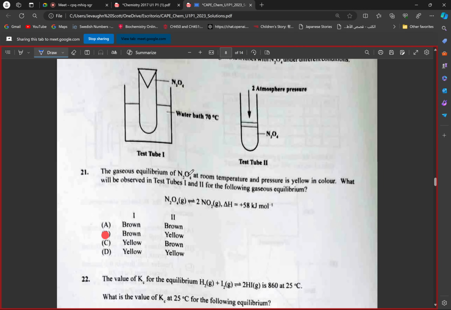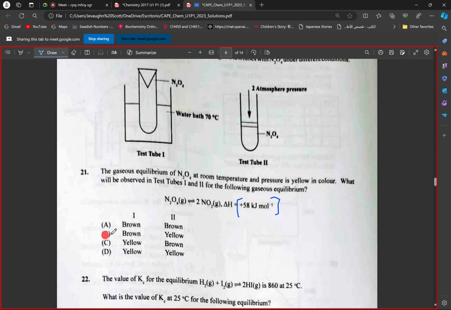The gaseous equilibrium of this gas at room temperature and pressure is yellow in color. What will be the observed result in test tubes 1 and 2, the following equilibrium? Remember, this is going to be an endothermic reaction. One is going to be brown, because the water bath is around 70. And then if we increase the temperature, if we increase the number of atmospheres, we're going to get a shift of the equilibrium.